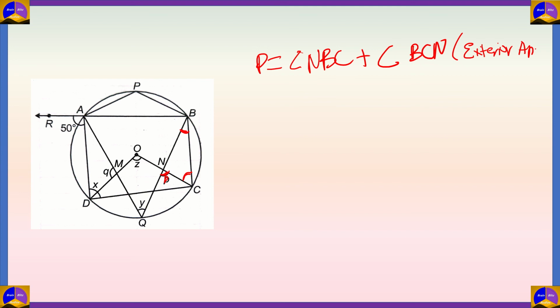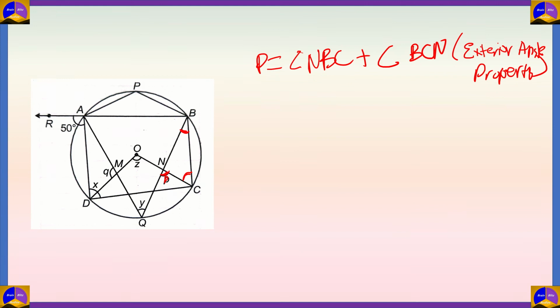So angle P would be equal to angle NBC plus angle BCN. The reason is the exterior angle property.